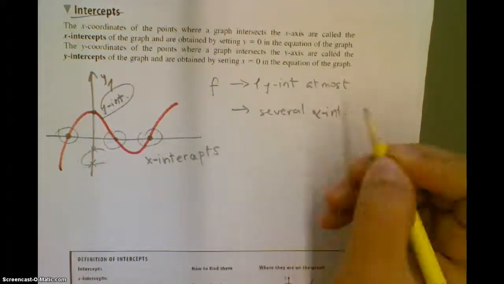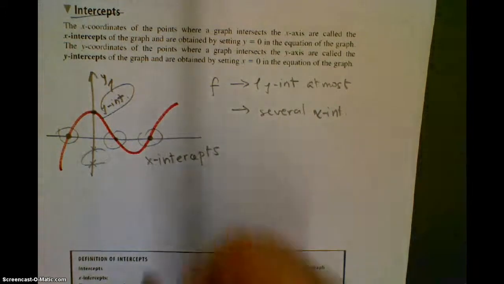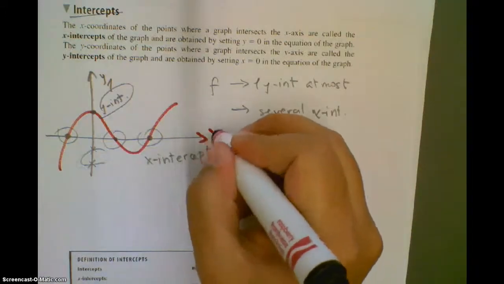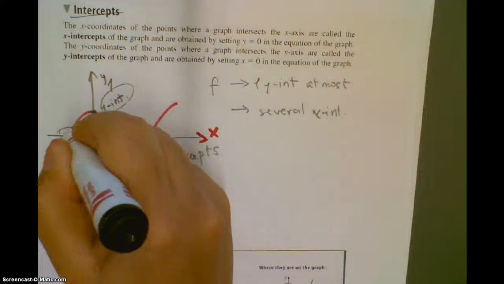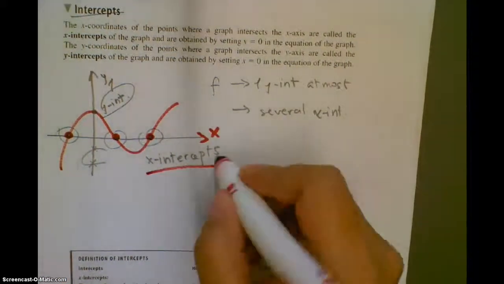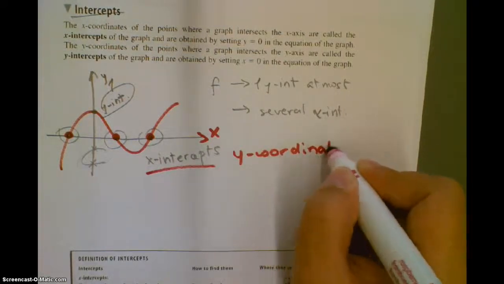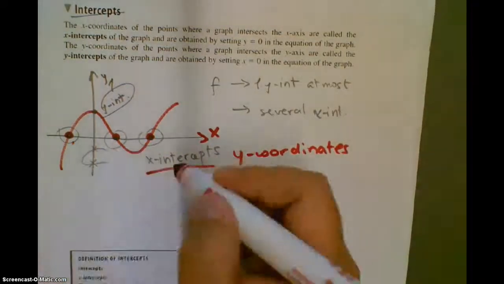The interesting thing about intercepts is that they occur on the axis, and there is something special about them. For the x-intercepts, all the y-coordinates are 0. This is just a property of being points on the x-axis.